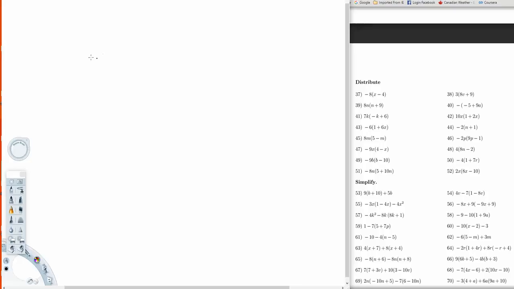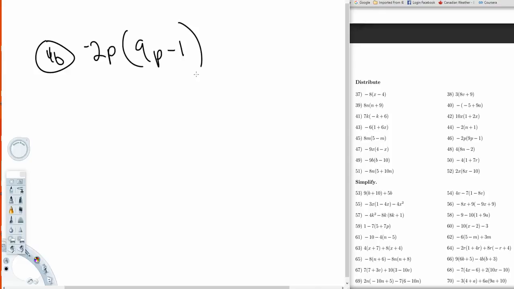All right. 46 now. Negative 2p times 9p minus 1. All right, let's look at this killer problem. I think the best thing to do is to separate this.